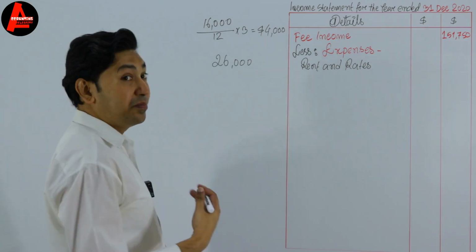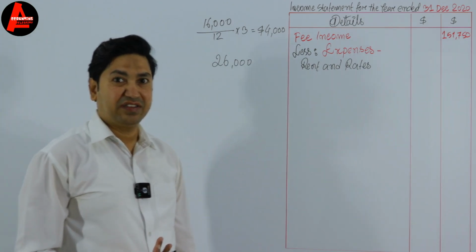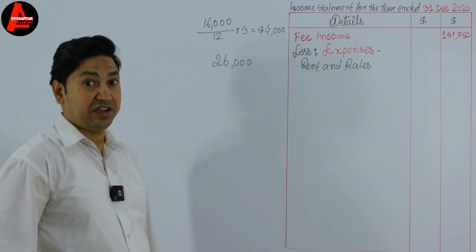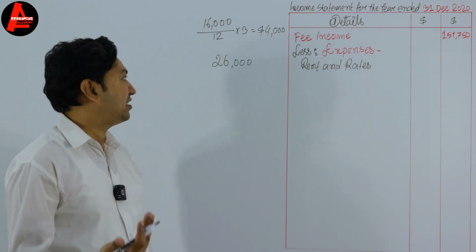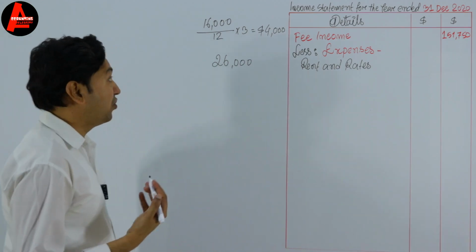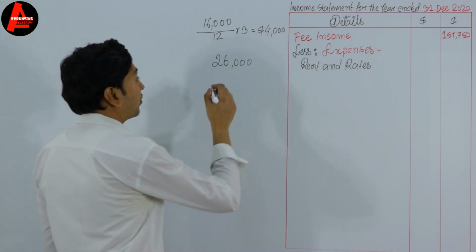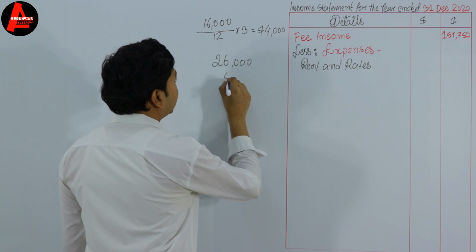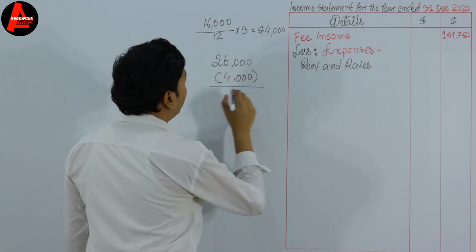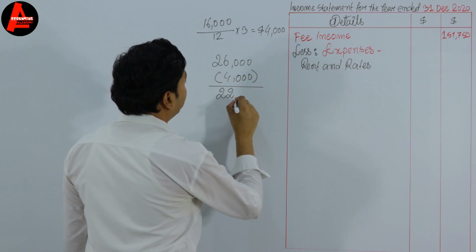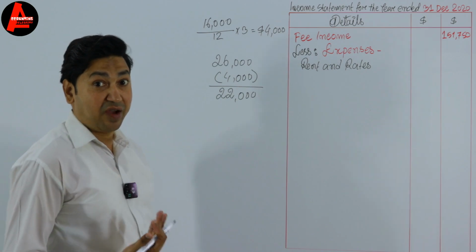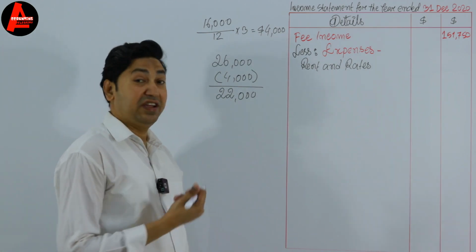This is the rent paid in advance, paid for the next financial year, 3 months in the next financial year. Now from $26,000 we will subtract this $4,000 as it is an advance, and we get $22,000. Still we have one more adjustment about this item.